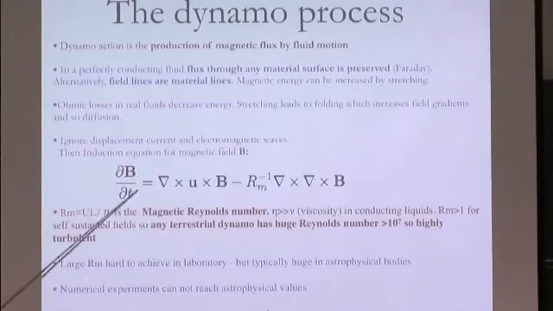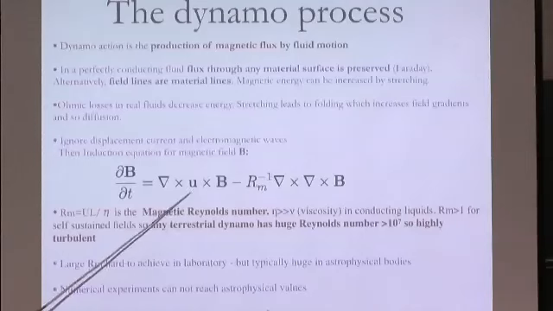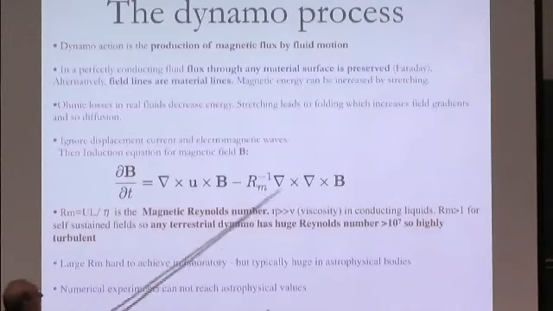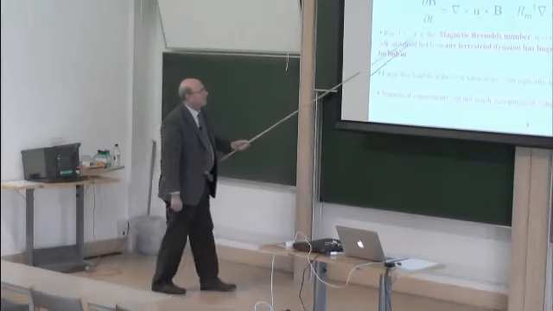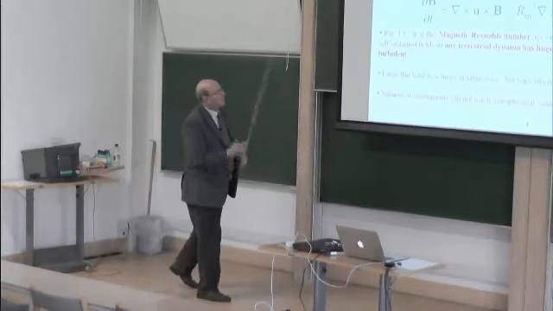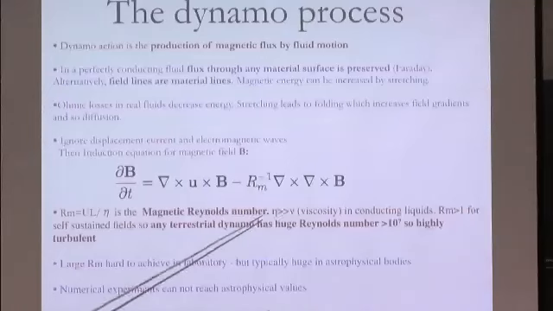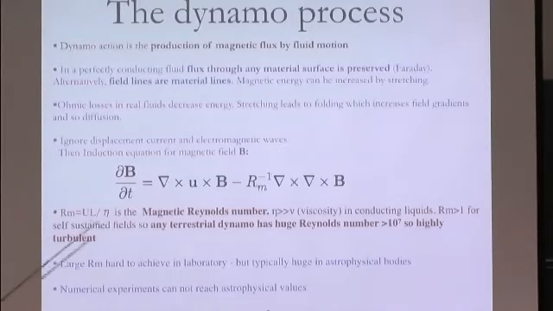The equivalent statement is that magnetic field lines move with the fluid. So this is an induction effect. And this is diffusion. And there's one parameter here, which is the magnetic Reynolds number, which is the typical velocity scale times the typical length scale, divided by eta. Eta is a quantity with the same dimensions as kinematic viscosity, which is inversely proportional to the conductivity. So highly conducting fluids have small magnetic diffusivity.